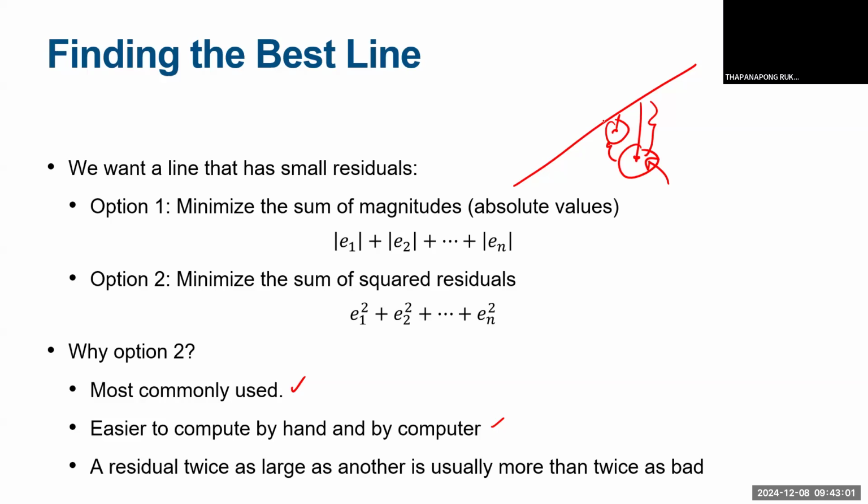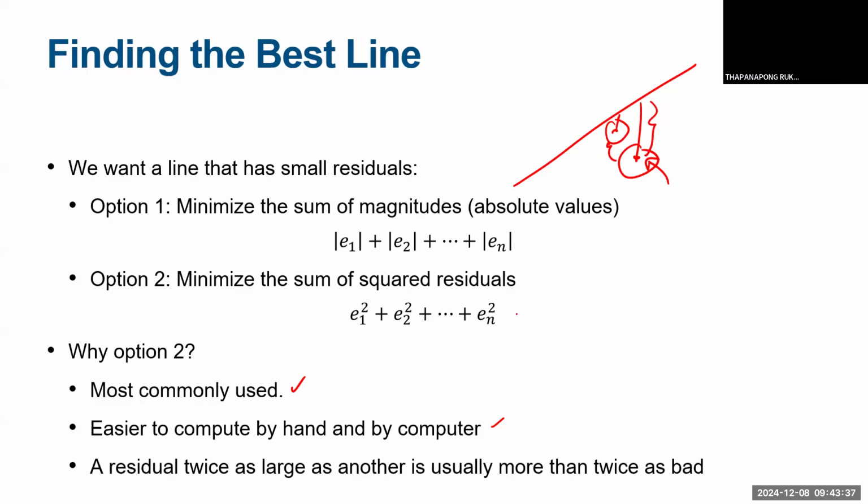When you do the optimization for these expressions, the term that dominates would be the one that is furthest from the mean. Because if it's close by, when you square it, it's going to be small. But if it's very far away, when you square it, it's going to be very large, and it's going to dominate.